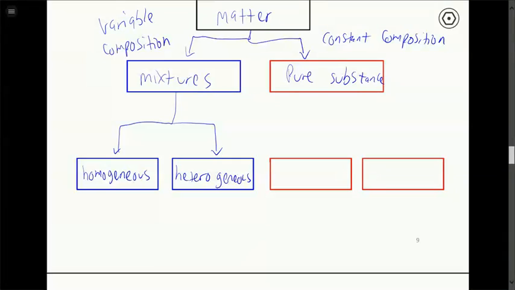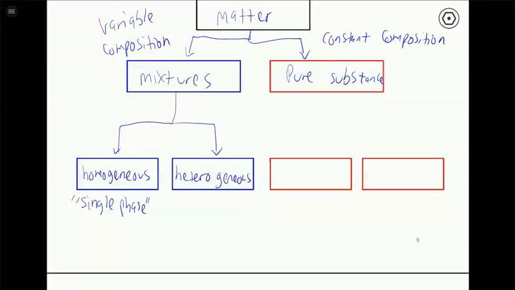Okay, we're going to spend most of the course, most of the stuff that we know is going to be a homogeneous or single phase mixture. And so what it means to be a single phase mixture is that it has multiple components, but you can't individually see the 2 components. So for example, salt dissolved in water still looks a lot like water. You can't tell that there's salt in it just by looking at it.